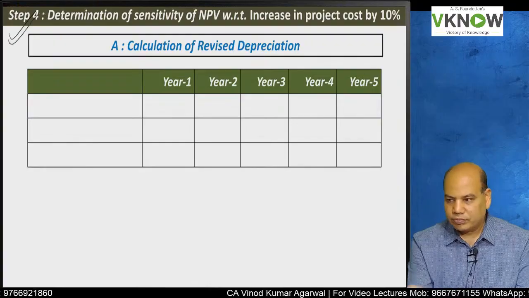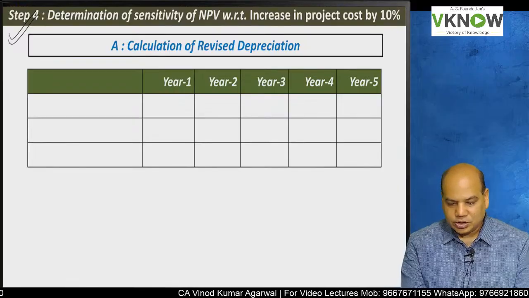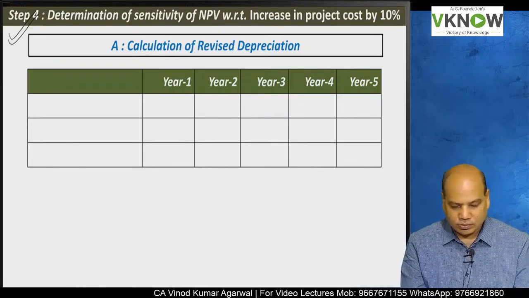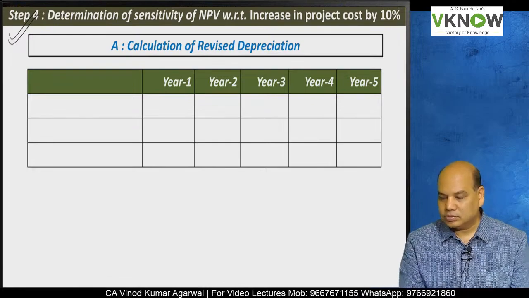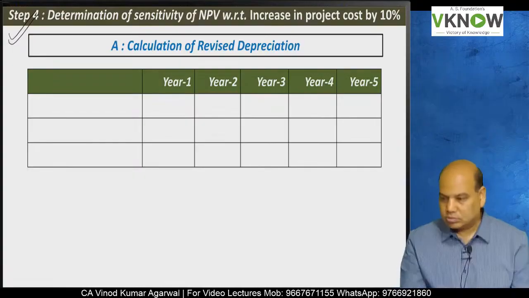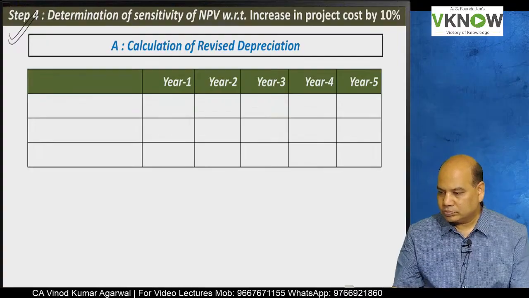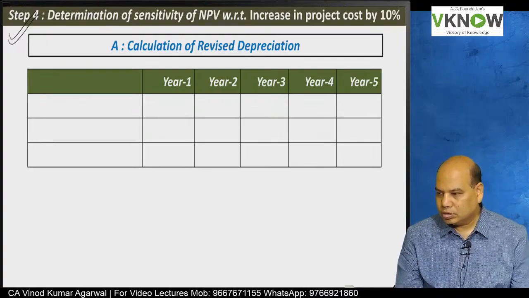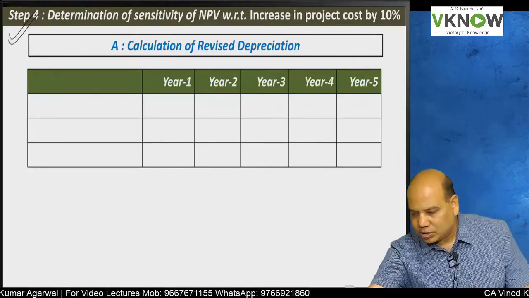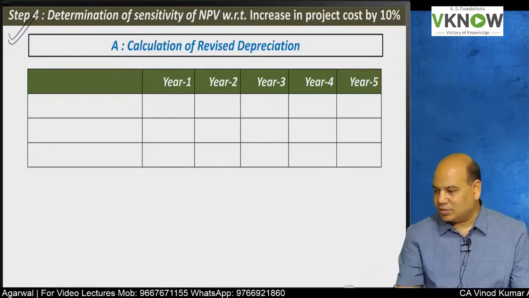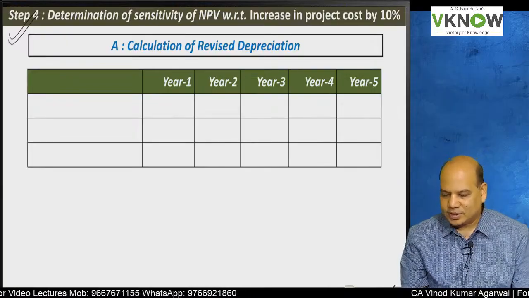Step 4, write determination of sensitivity of NPV with respect to increase in project cost by 10%.